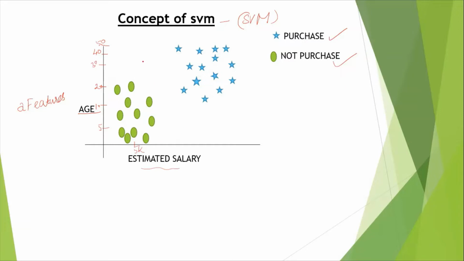It's not that someone whose age is 30 and whose estimated salary is 5K will not buy my product. So this is a sample data. Sample. It will not actually directly show you the population, but it's a random sample.